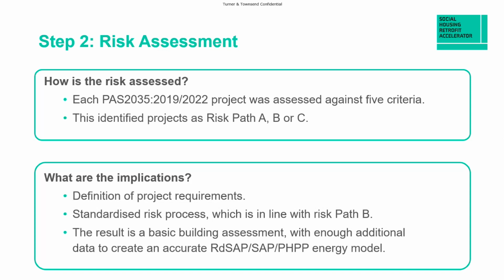So a PHPP, for those that aren't aware, is Passive House Planning Package. It's a much more detailed approach certainly to RDSAP and to SAP. It's a slightly different approach. In SAP, you can get to a higher EPC rating by changing your heating system or putting renewables onto your project.